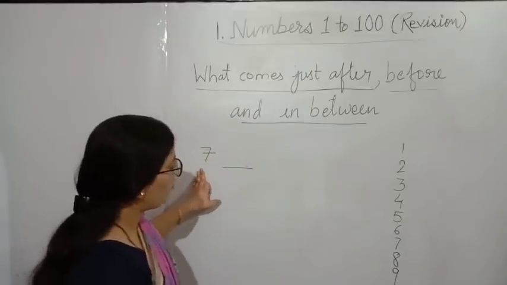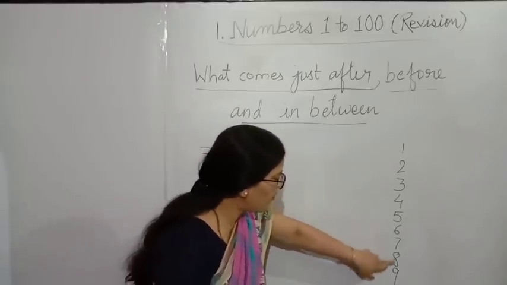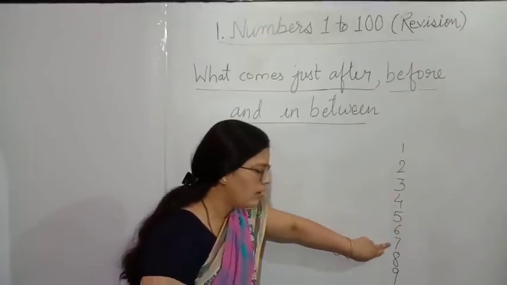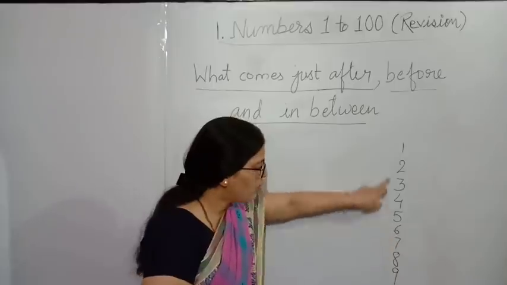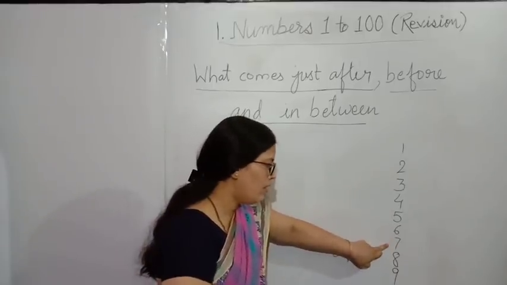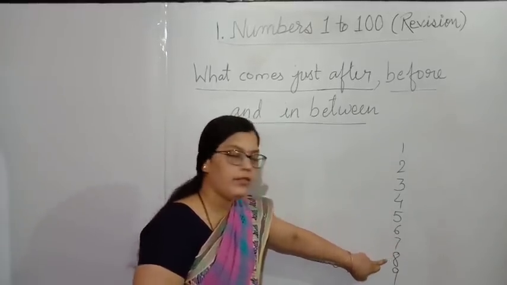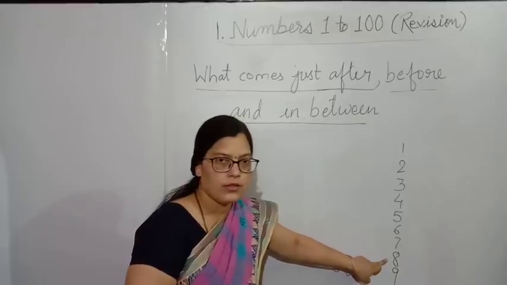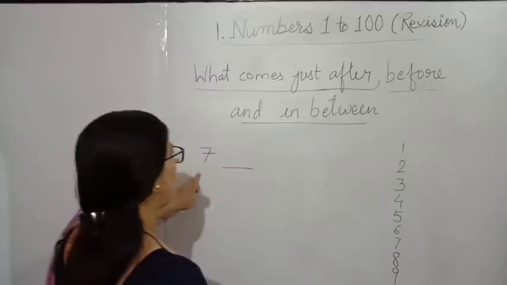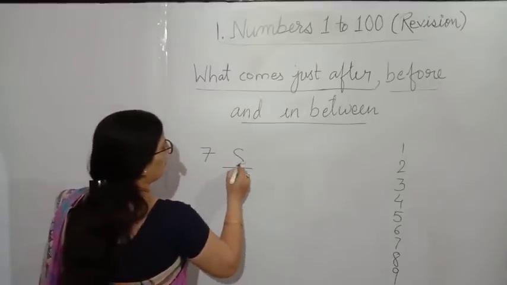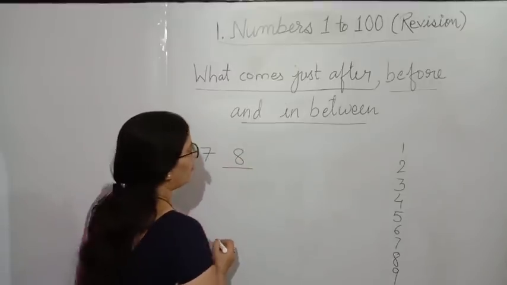You have to find out the number which comes just next to 7. You all know countings, counting from 1 to 100 at least. So while counting forward, which number comes just next to 7? It is 8. After 7 it is 8. So what comes after 7? It is 8. Got it?